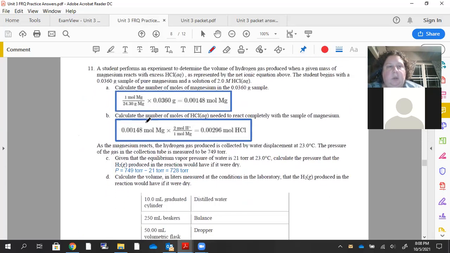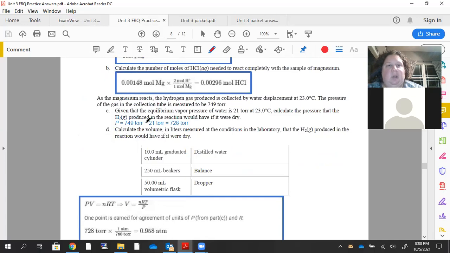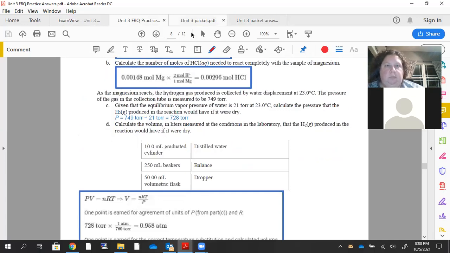Here it is. On free response question number 11, it says, as the magnesium reacts, the hydrogen gas produced is collected by water. So that's sort of a big hint. Water displacement at 23 degrees Celsius. The pressure of the gas in the collection tube is measured to be 749 torr.